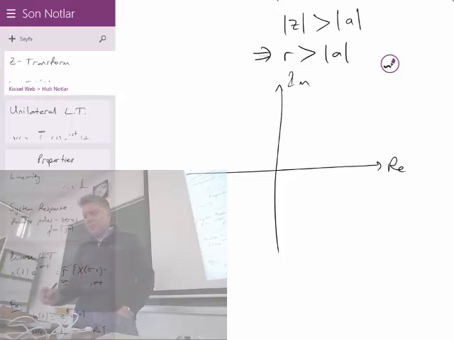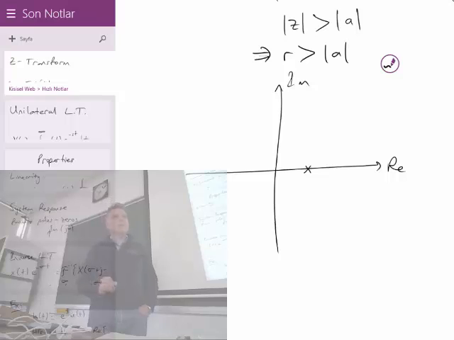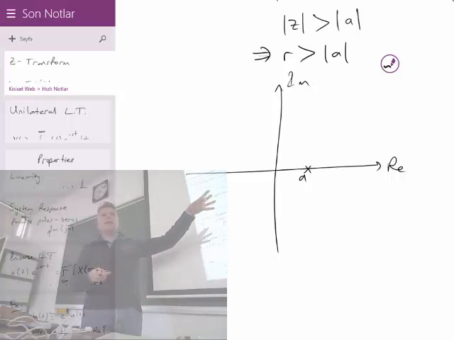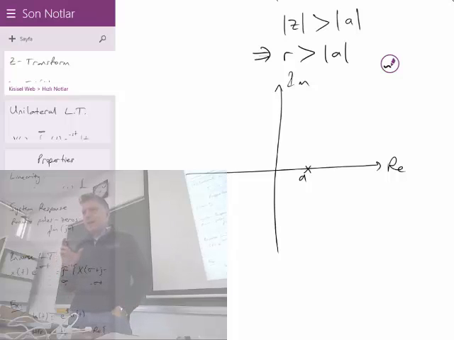We had a pole. z equal to a is, let's say, here. That is the value of a. What does r greater than the absolute value of a mean? The absolute value of a is the same as a for this case, because a is positive. I've just drawn it positive. And this is a radius.